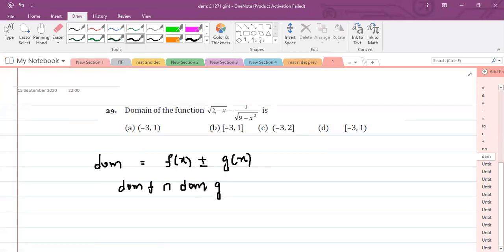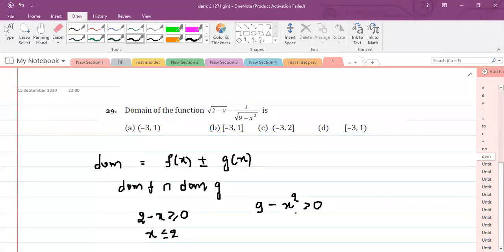So here let me find the domain separately. Domain of f means 2 minus x should be greater than or equal to 0 here, therefore x should be less than or equal to 2. Another condition is 9 minus x square should be greater than 0.